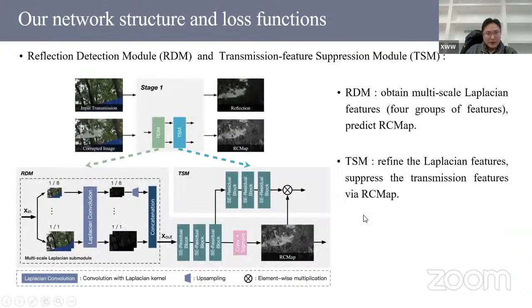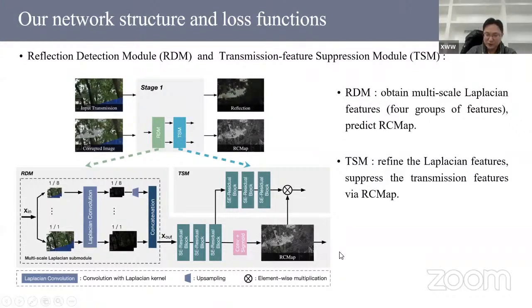Our network is actually an iterative network like IBCLN. So we developed a reflection detection module. This is the architecture of the reflection detection module. We use the multi-scale Laplacian operator to obtain the multi-scale Laplacian features. Then we input the features into a residual block to get the features, and then we predict the RC map.